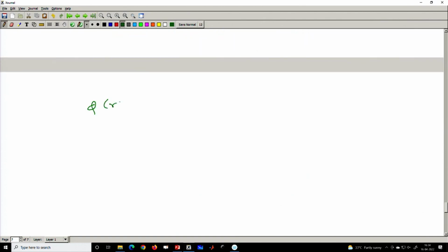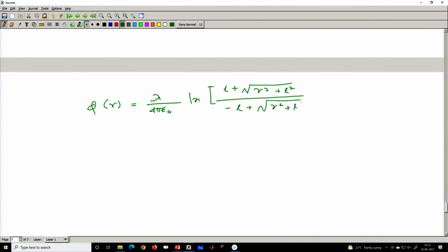You will get the value lambda divided by 4 pi epsilon naught ln of L plus root of R square plus L square, divided by minus L plus root of R square plus L square.